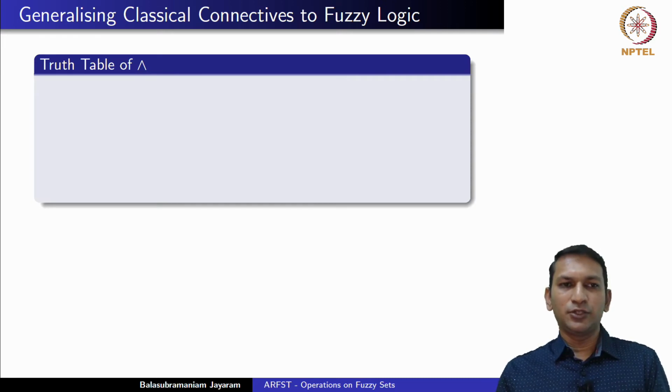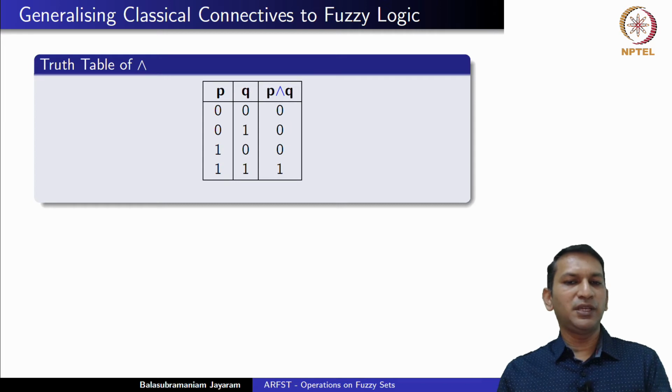In classical two-valued logic, every variable can take one of two values, 0 or 1, and conjunction is a binary operation. That means it takes two variables. So when you look at them as P and Q, there are totally 4 possibilities. And this is what we have seen before also, but in a tabular form. You see clearly here that conjunction of two propositions is true only if both of them are true.